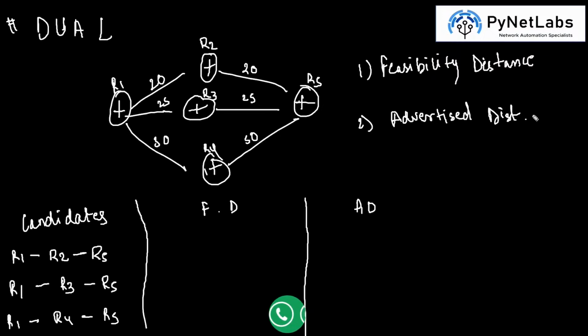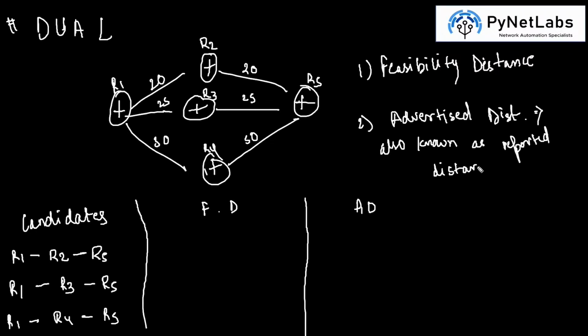Advertised distance is also known as reported distance. Good. Okay.